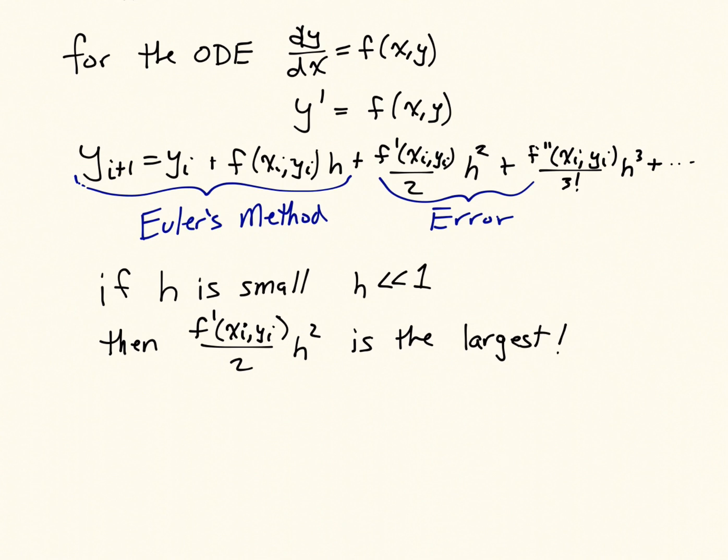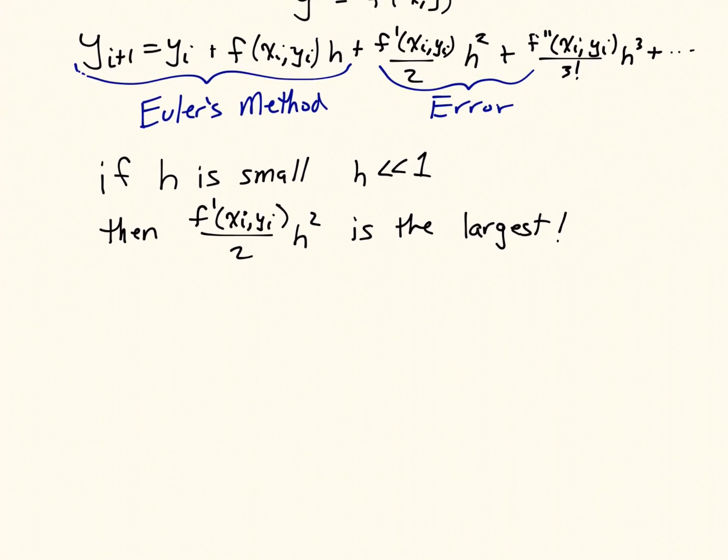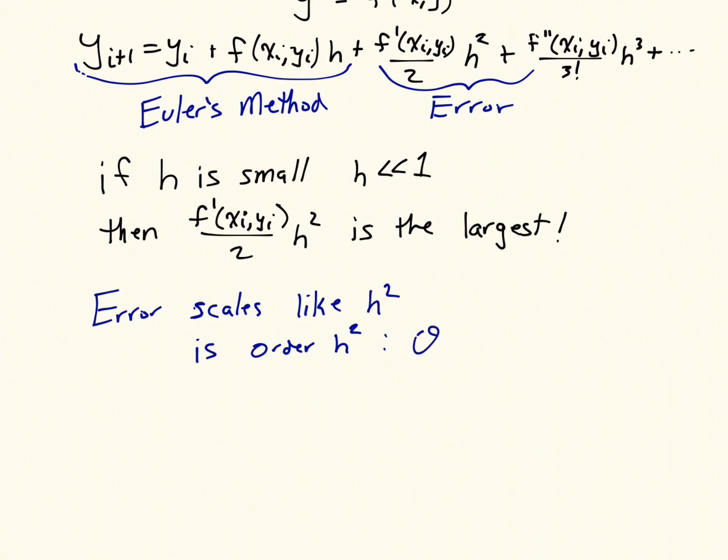So we know our error scales like h squared. That's another way of saying that the error is order h squared, which you can write as O(h squared).